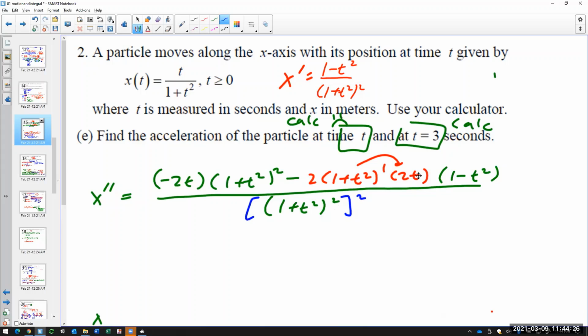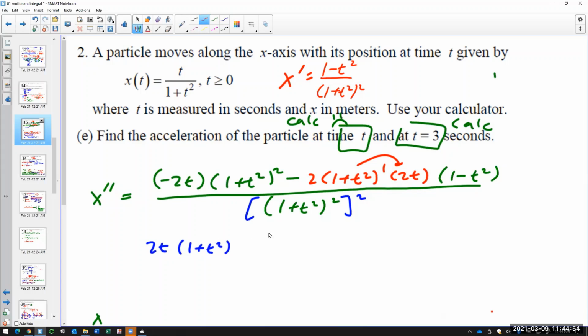All right, so on the top here, you can simplify a little bit. How many of you guys distributed this whole thing and got it? Okay, did you guys simplify this at all? You can pull out some common factors. Do you see they both have 2t's? And they both have 1 plus t squared. So I can actually pull out 2t and then also pull out 1 plus t squared, like pull it out like a factor.